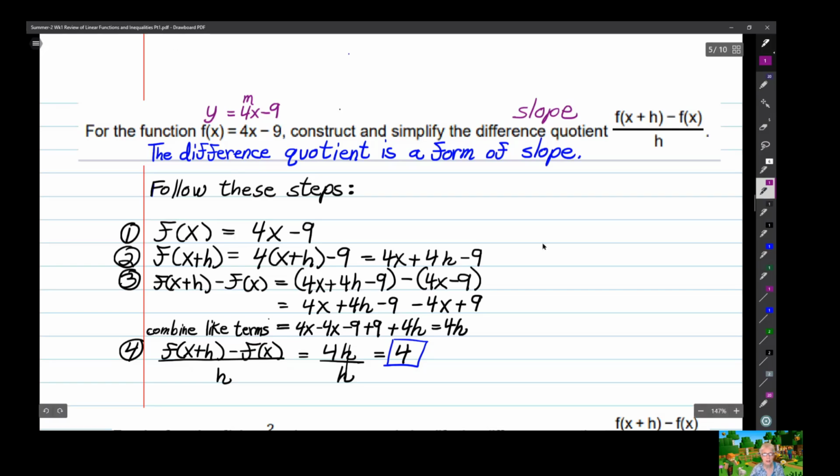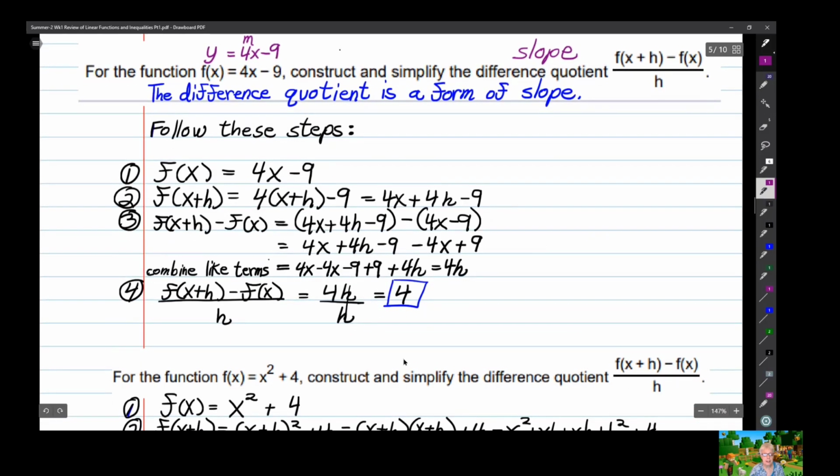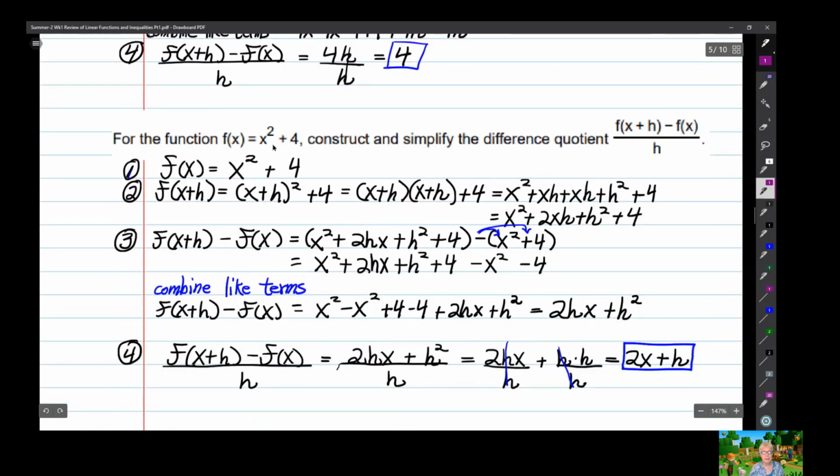But what about this? I did this just to show you the steps. Now we're going to apply the steps to a nonlinear function, a quadratic function. Remember those? This is f of x equals x squared plus 4.